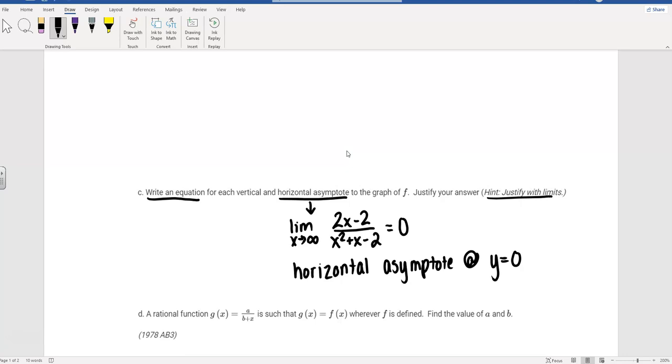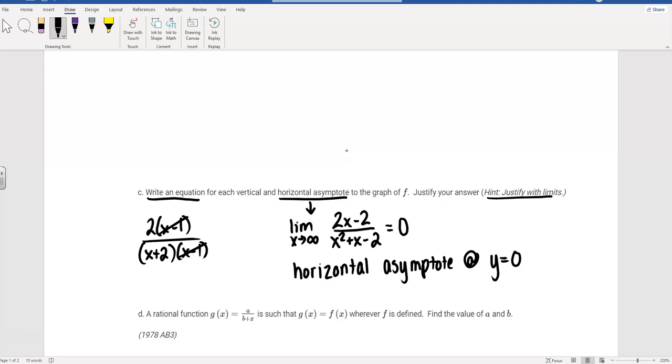Okay. Everybody okay there? This is enough work right here. That would get you full credit. For the horizontal asymptote, it also needs the vertical because it asks for that. Vertical, really, you're just going to factor it. So it's like 2 times x minus 1 over x plus 2, x minus 1, and we're just going to cancel those.